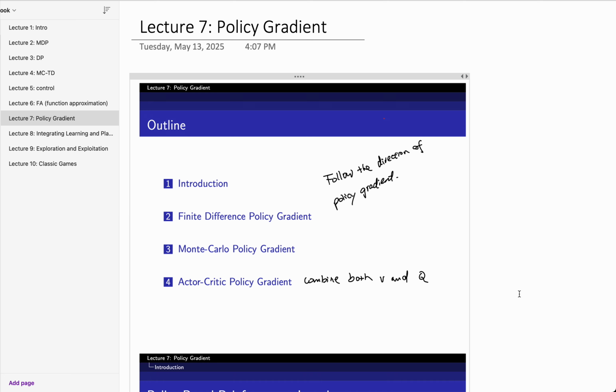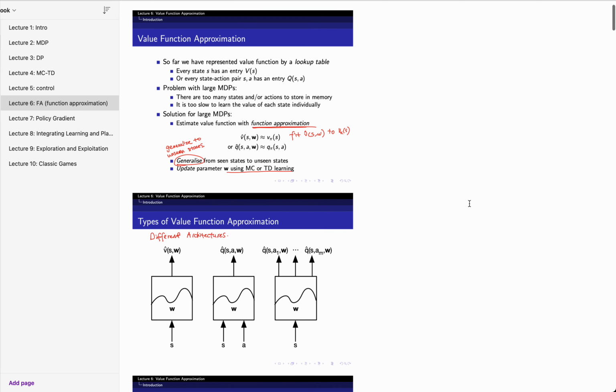I think here it talks about a vanilla version of the policy gradient algorithms. Moving forward, I will stop at lecture 7, and then I'll briefly talk about the rest of the lectures to close out this video.